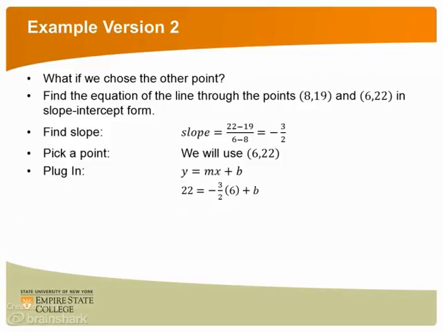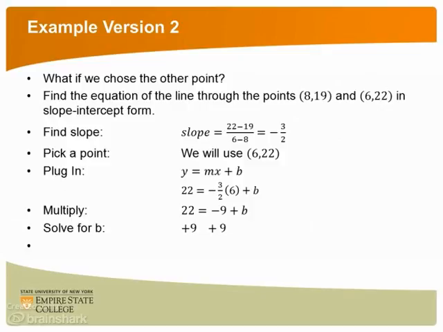So we plug those values in and have 22 equals negative 3/2 times 6 plus b. We multiply. 2 goes into 6 3 times, and negative 3 times 3 is negative 9. So we have 22 equals negative 9 plus b.